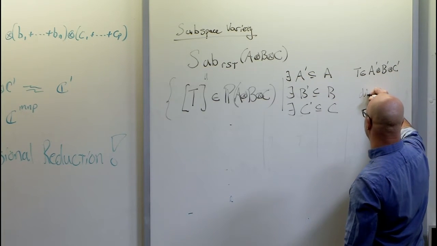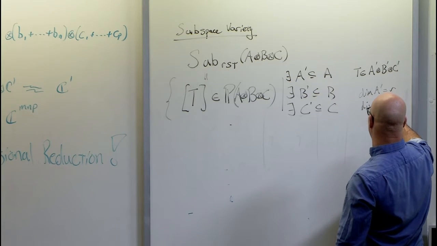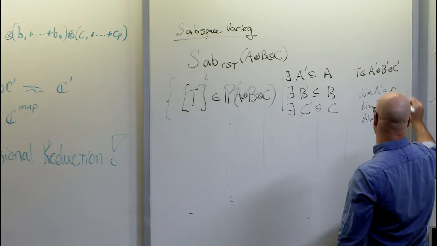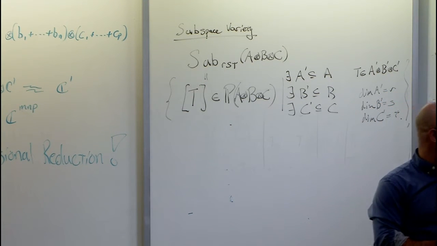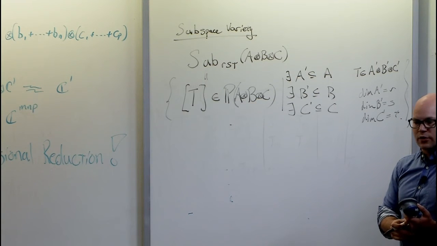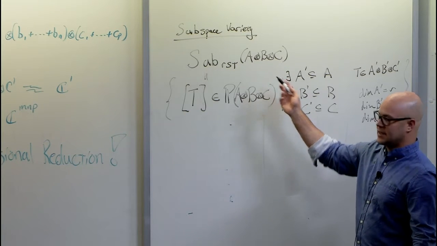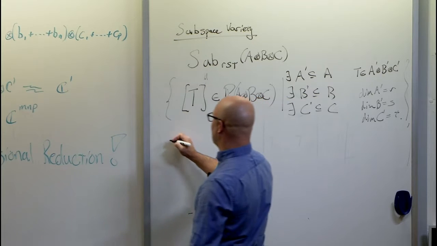The dimension of A prime is R, the dimension of B prime is S, and the dimension of C prime is T. It's a sort of long definition, but it's the variety of tensors which can be written using fewer, possibly fewer, variables: R, S, T instead of M, N, P.